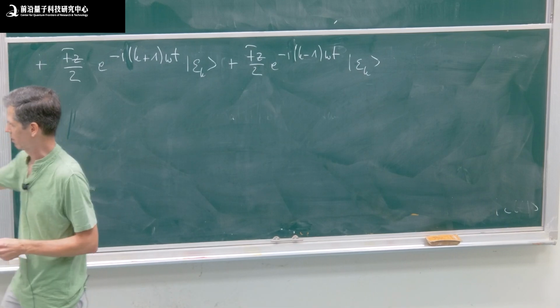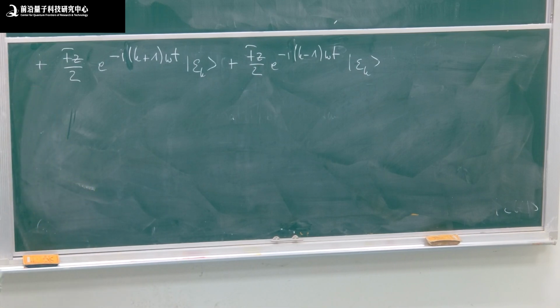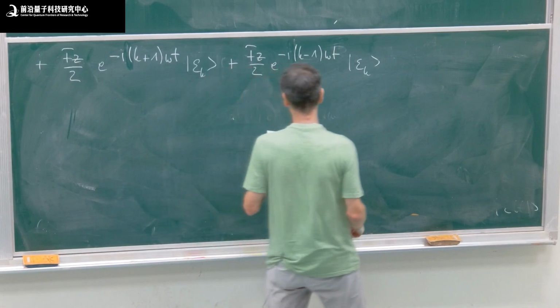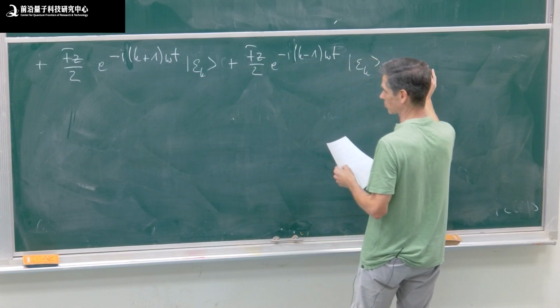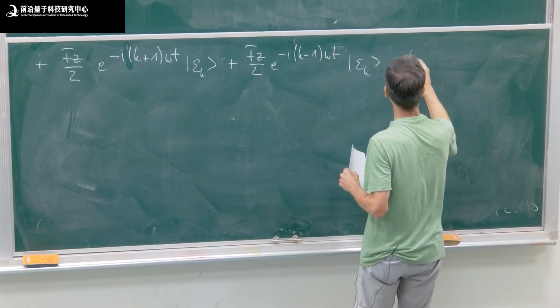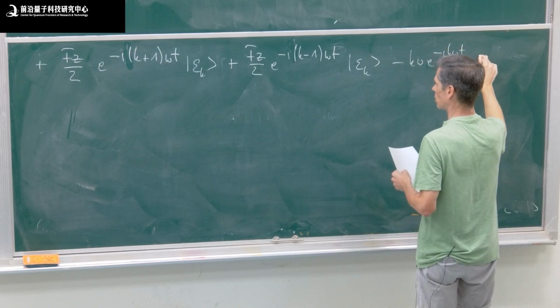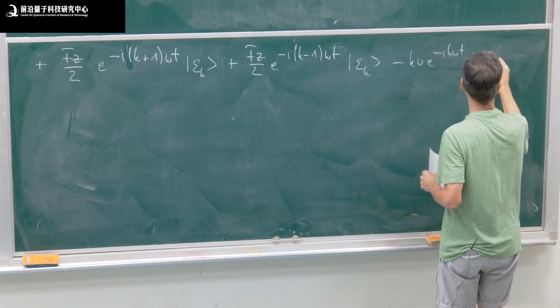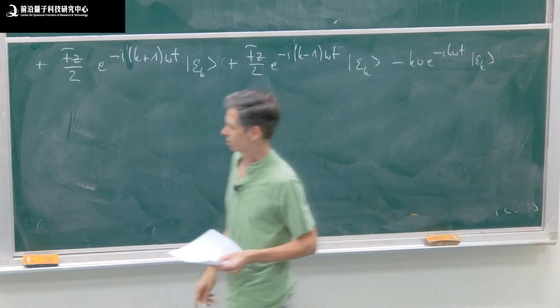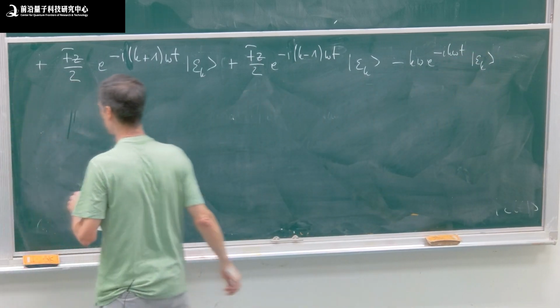And then I still have this part, minus k omega e to the minus i k omega t Epsilon_k, and I close the parenthesis.